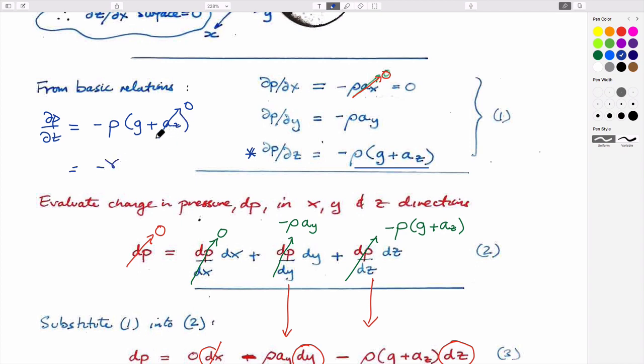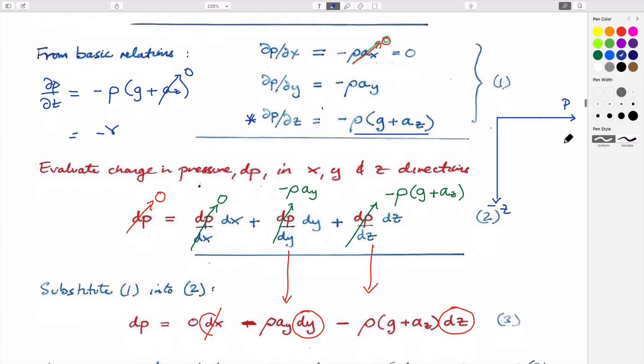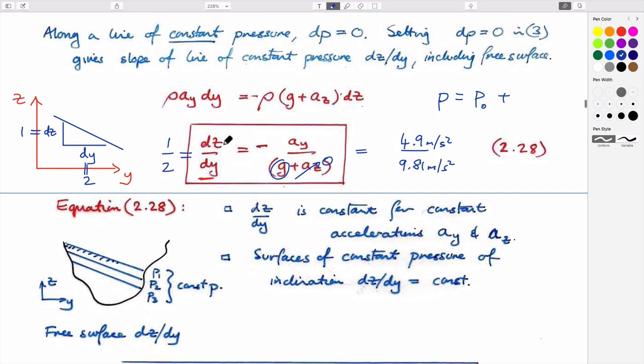And if that's the case, then we know that as we go down within a fluid, the pressure varies according to this. This is negative z, right? This is positive p. Okay, before I go on, the other thing here, this is a negative sign here, because a positive acceleration in the y direction is in this direction. This is positive.